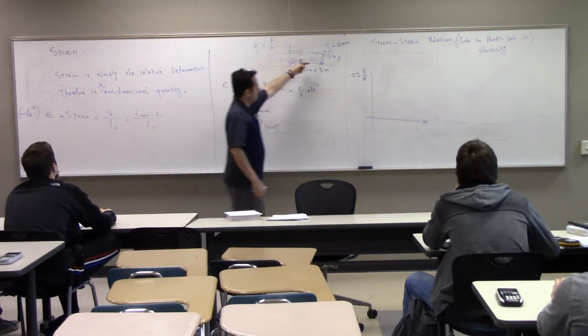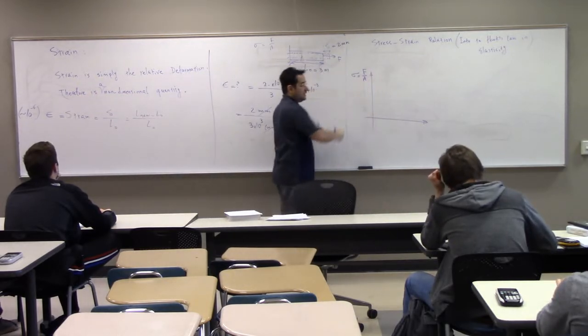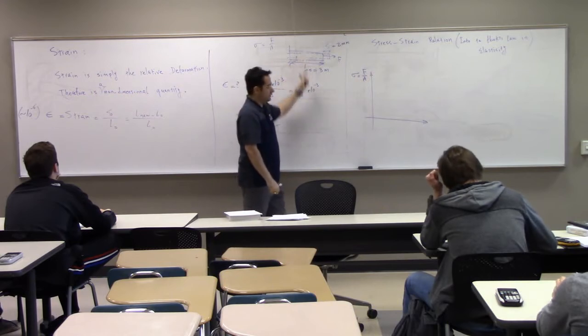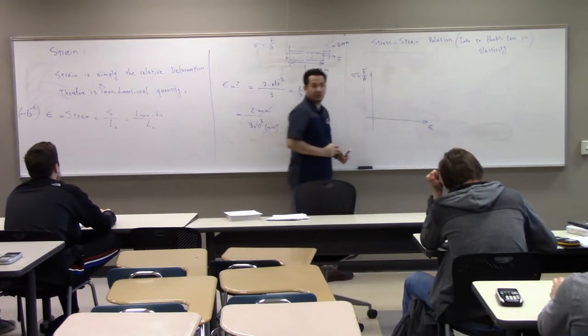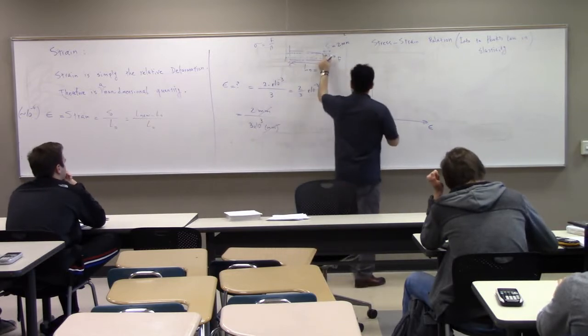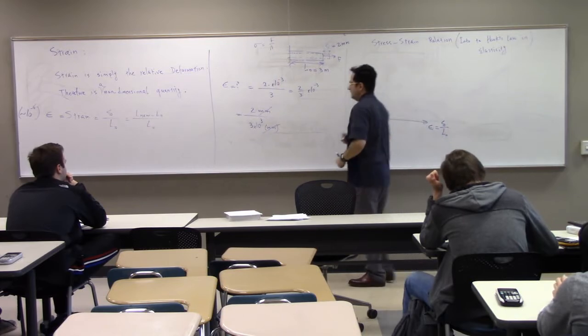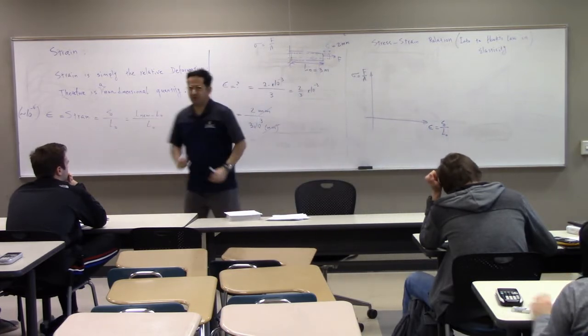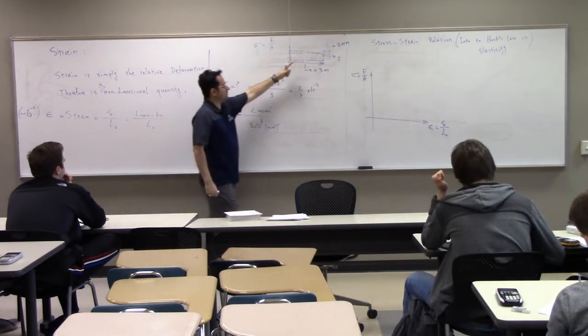Everything is axial. They realized if they plot sigma at the middle of it versus epsilon. So what's epsilon? The deformation of that divided by initial length. They go to the lab, put this in a machine, compute the stress here.